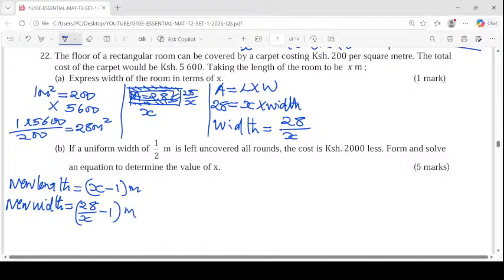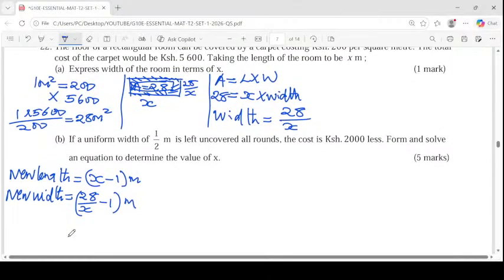After getting these, they are saying the cost will be 2,000 shillings less. If it will be 2,000 shillings less, it means that from the cost of 5,600, it will now be 3,600 shillings.